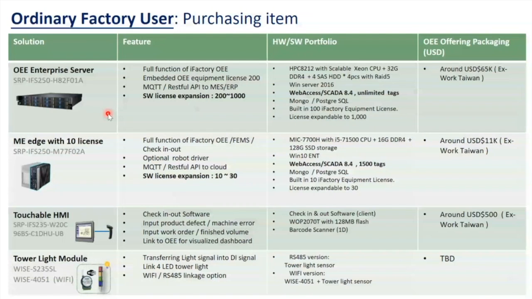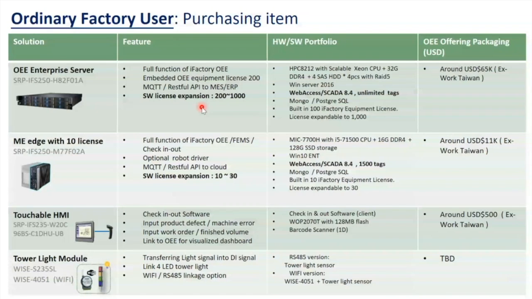Here we are talking about OEE utilization software licenses from 200 to 1,000. Meaning you can make use of this package to set up a 200 OEE utilization dashboard on your production floor.